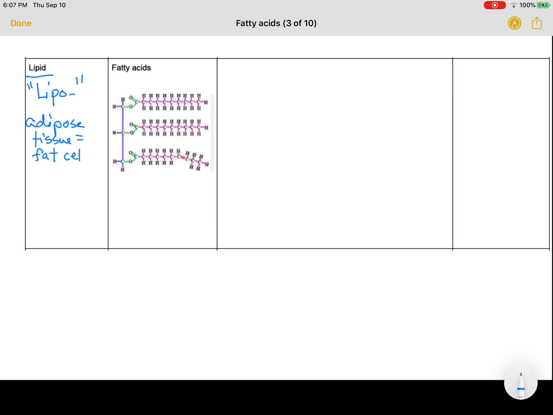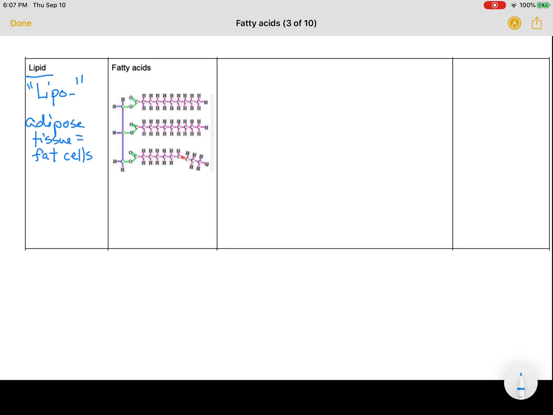Or actually fat cells. So if someone is getting liposuction, they're removing the adipose tissue from them safely. Or if they're getting injections of adipose tissue, they're going to inject them into someone's lip or wherever with cosmetic surgery. So a couple of things we know about lipids is they are an energy molecule.